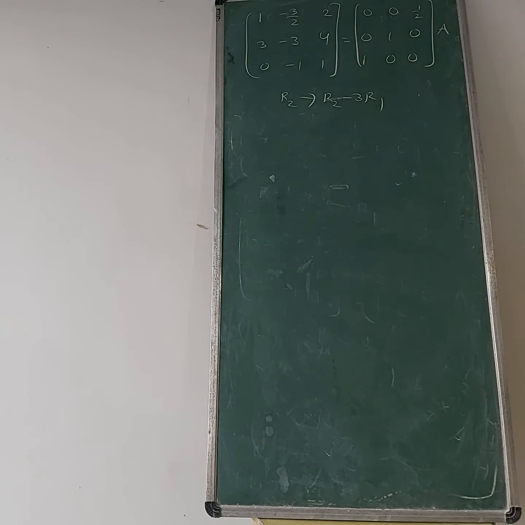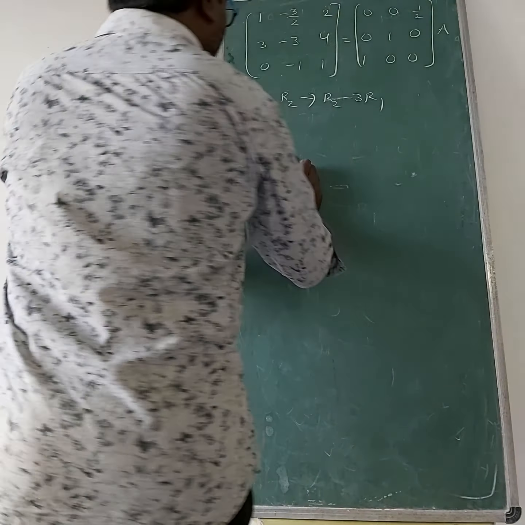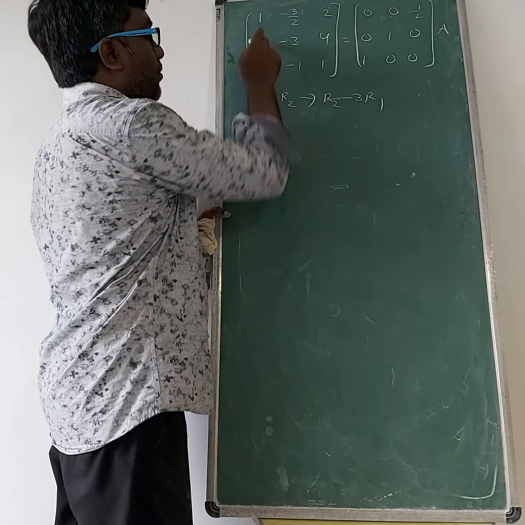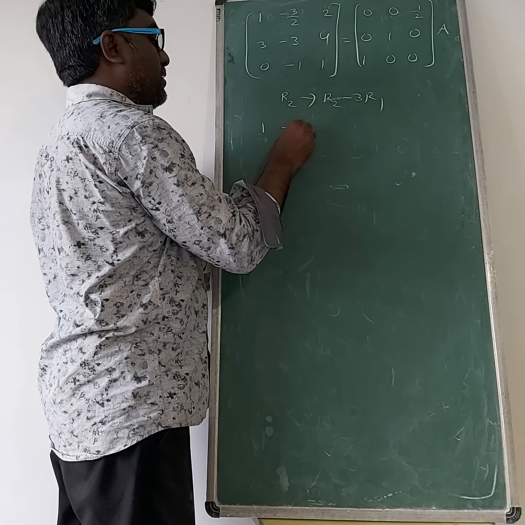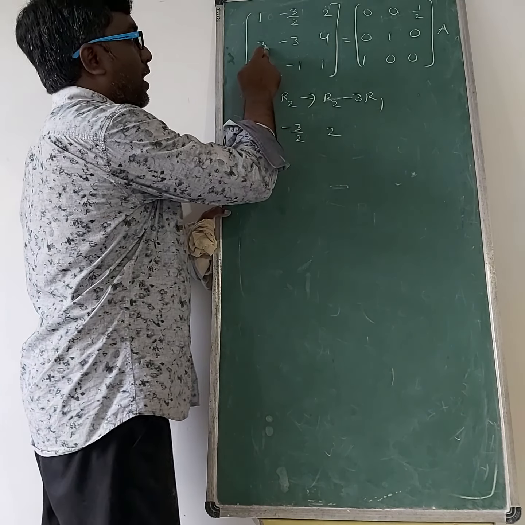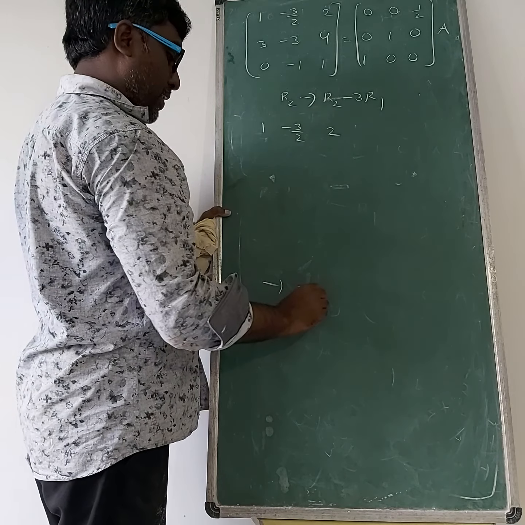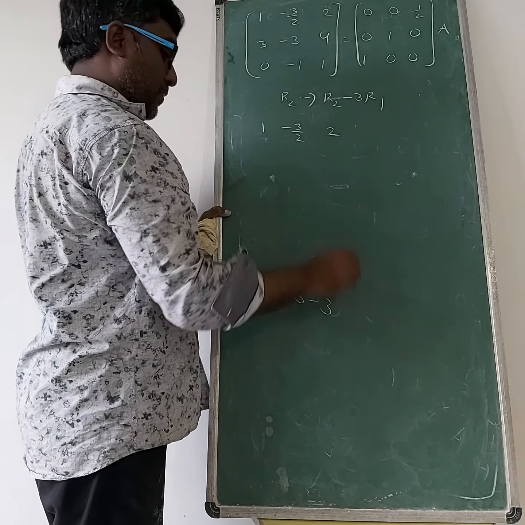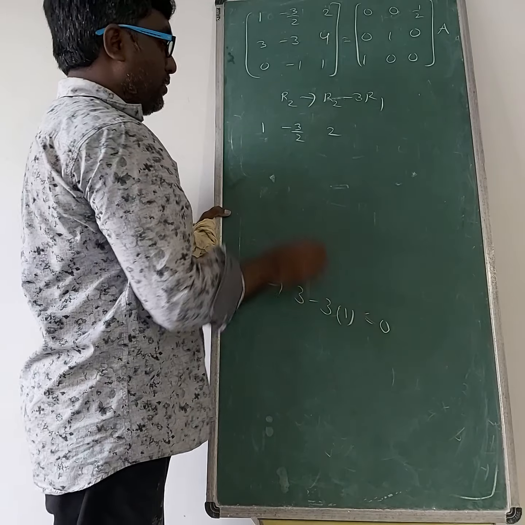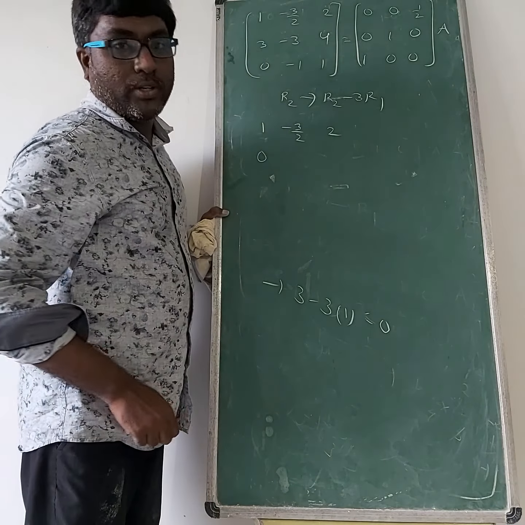R1 is 1, -3 by 2, 2. R2 I am changing: 3 minus 3 into corresponding R1 value 1, so this value is 0. Because of this only we are doing it.